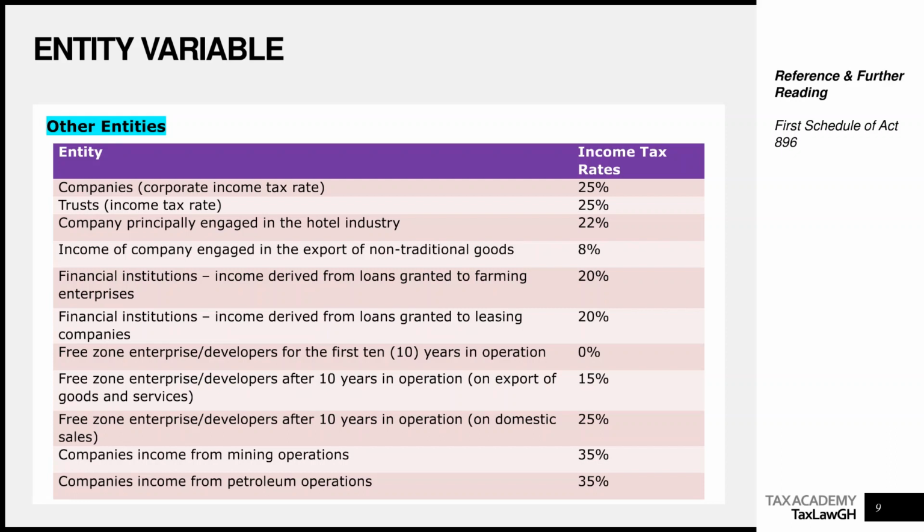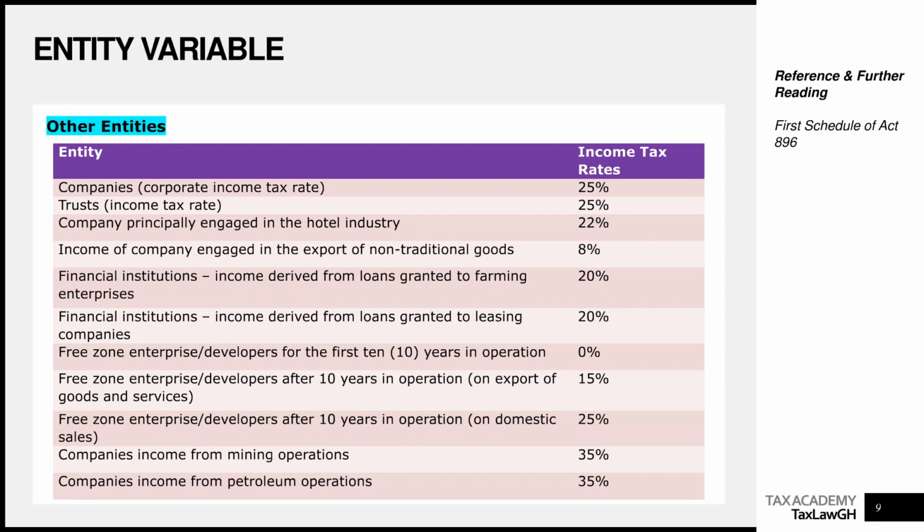The same entity, if they were not a free zones entity and they were doing something else, will pay corporate income tax at most likely 25%. So remember that a company could pay 0% as opposed to 25% just because of a certain registration with a certain body in Ghana, the Ghana Free Zones Board, and undertaking a specified type of activity, predominantly export.